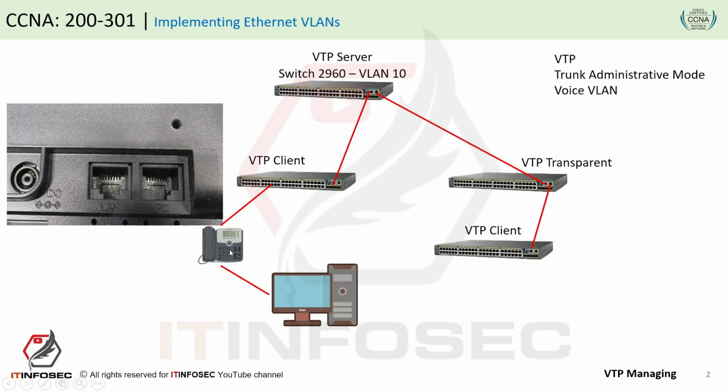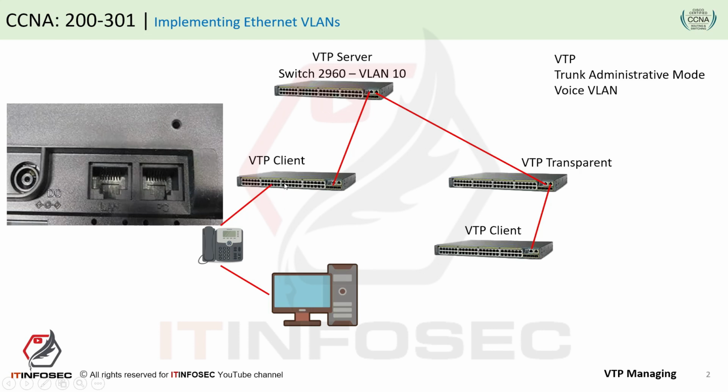For this reason you will reduce the use of switch ports. If you don't do it like this, for example if you have 20 PCs, you will need 20 ports for PCs, and in addition you will need another 20 ports for connecting IP phones. But with this technique you will reduce the use of ports.